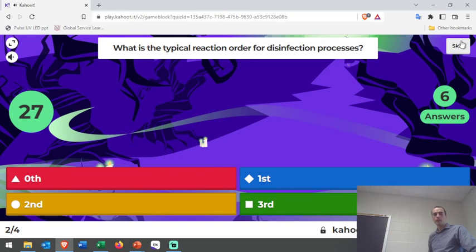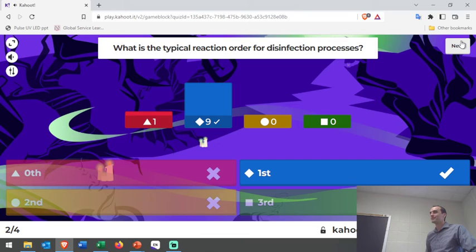Okay, so what is a typical reaction order for a disinfection process? Zero, first, second, or third? Okay, good. So basically it's going to depend.